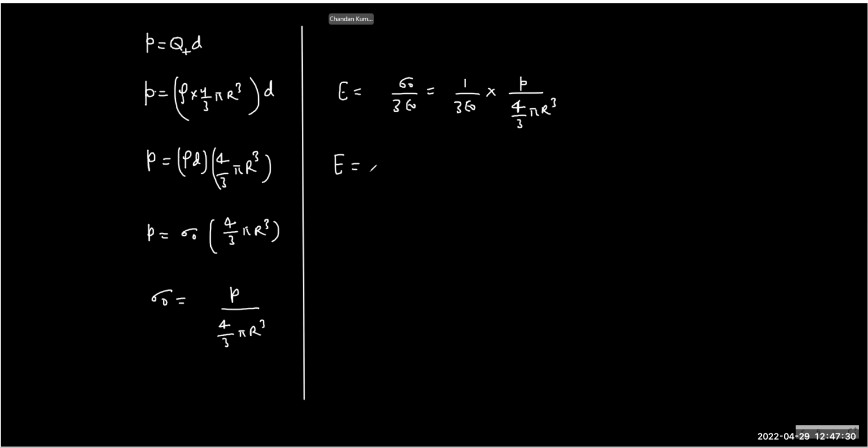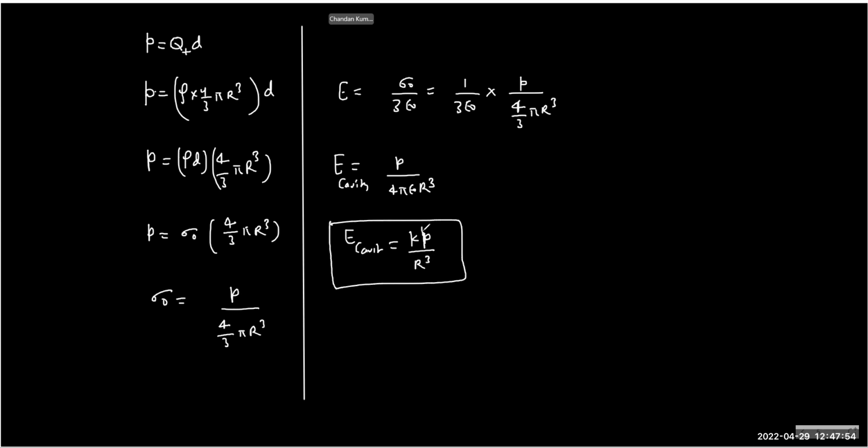You can see the electric field in the cavity is P upon 4 pi epsilon naught r cube. And later on, if you know the formula, 4 pi epsilon naught is called K. It's like Kp by r cube.